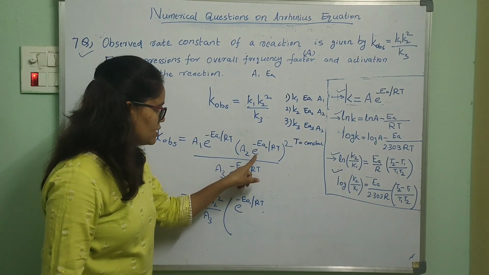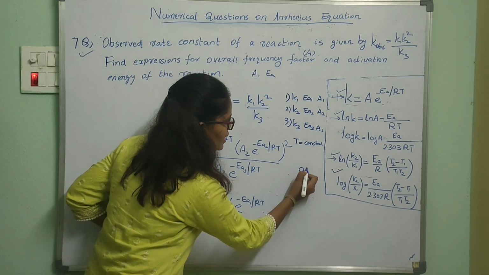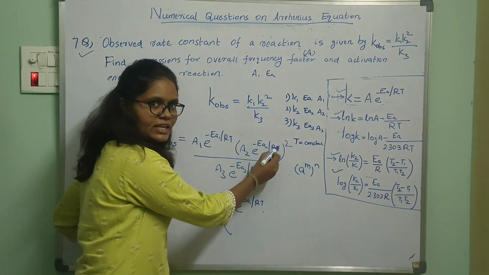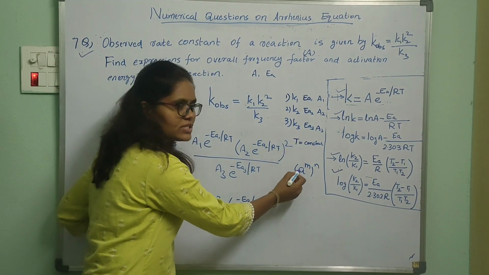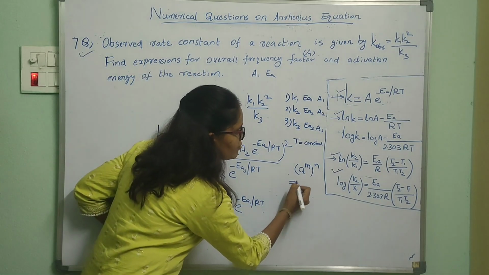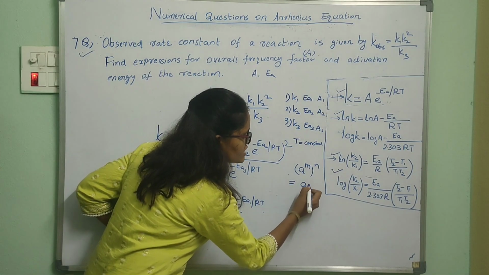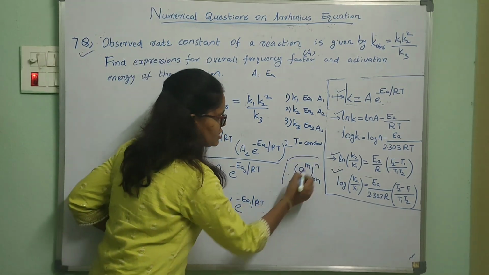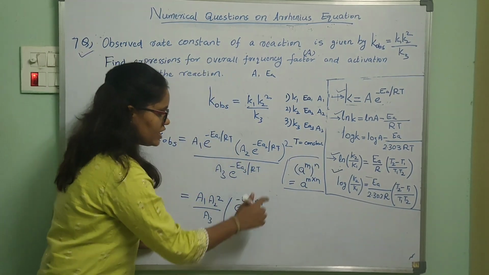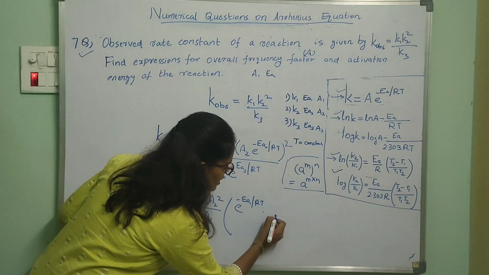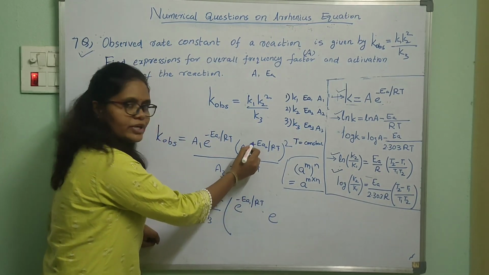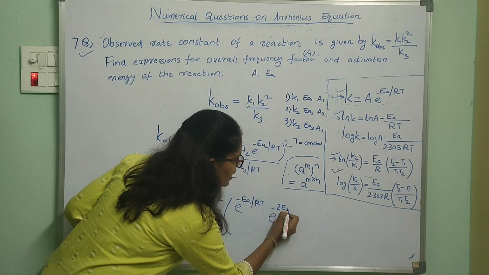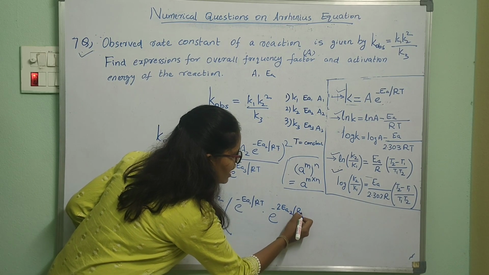This is in the form a power m whole power n, which becomes a power m into n. This is basic mathematics. So I can write this as e power 2 into minus EA2 over RT, that becomes minus 2 EA2 over RT.